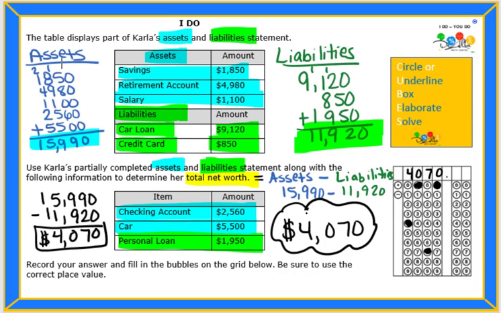So that is the difference between the car loan and the actual value of the car. Same thing, be careful when you see mortgage and house value. The mortgage is the negative, that is the liability because you're paying, as opposed to the value of the house, which is the part that has already been paid off and is a positive cash value towards you. Okay, I hope this helps, and good luck now with your problem.